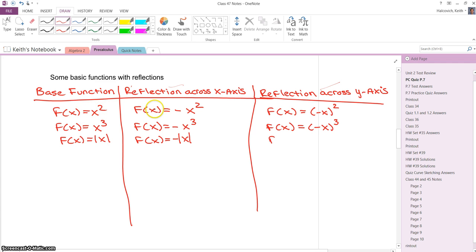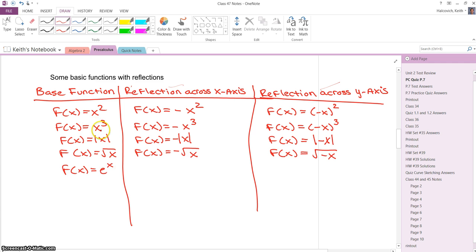And if we want to reflect it across the y, we put the negative sign inside the absolute value. Same thing for square root. Negative sign goes outside to reflect it across the x. Negative sign goes inside to reflect it across the y. Kind of what we did in the first example.